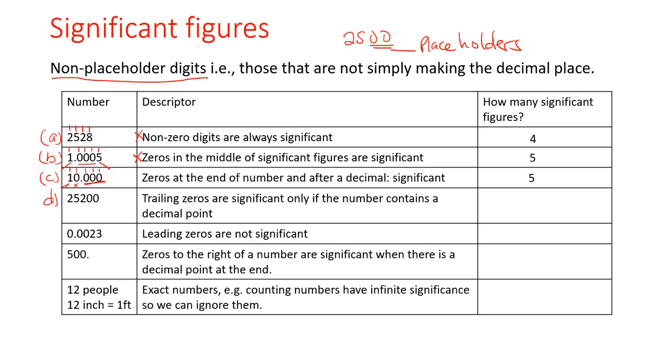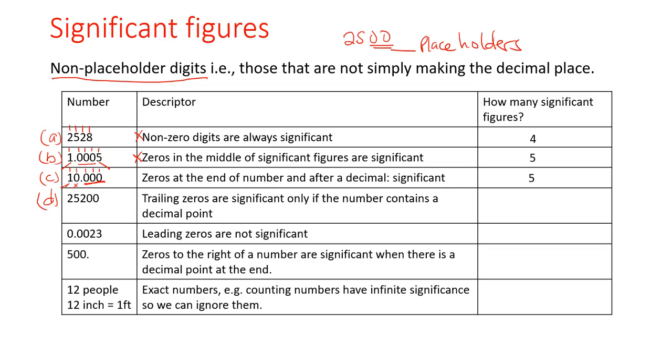Let's go to D. Trailing zeros are significant only if the number contains a decimal point, which means if the number does not contain a decimal point, trailing zeros are not significant.